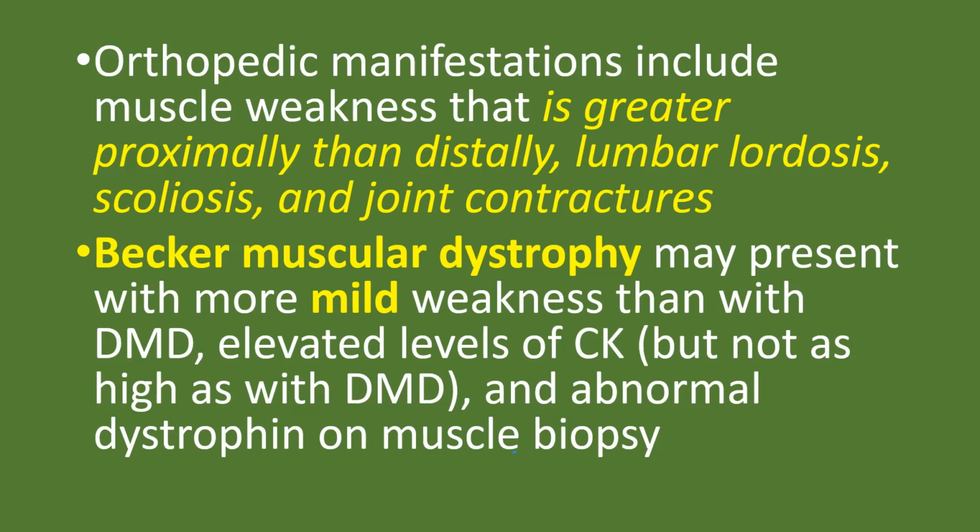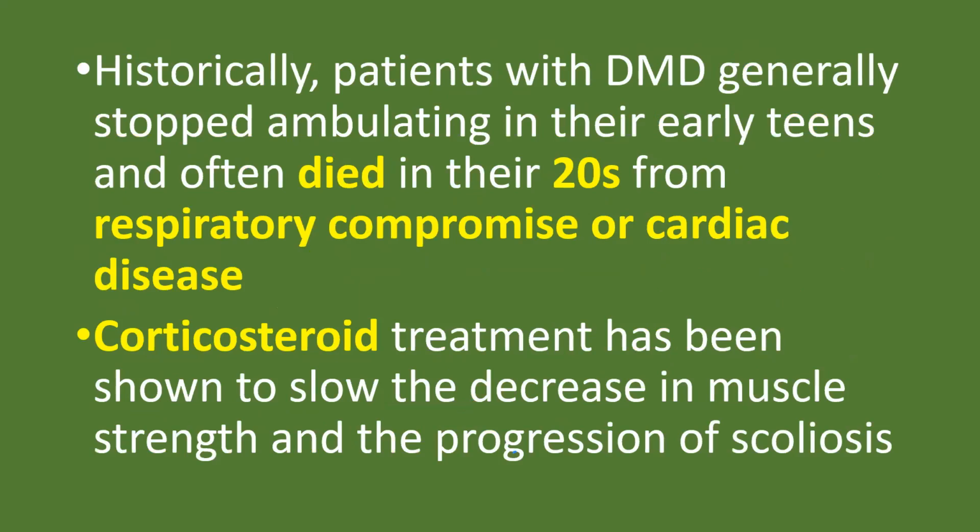Historically, patients with Duchenne muscular dystrophy generally stopped ambulating in the early teens and often died in the 20s from respiratory compromise or cardiac disease. Nowadays, corticosteroid treatment has been shown to slow the decrease in muscle strength and the progression of scoliosis.